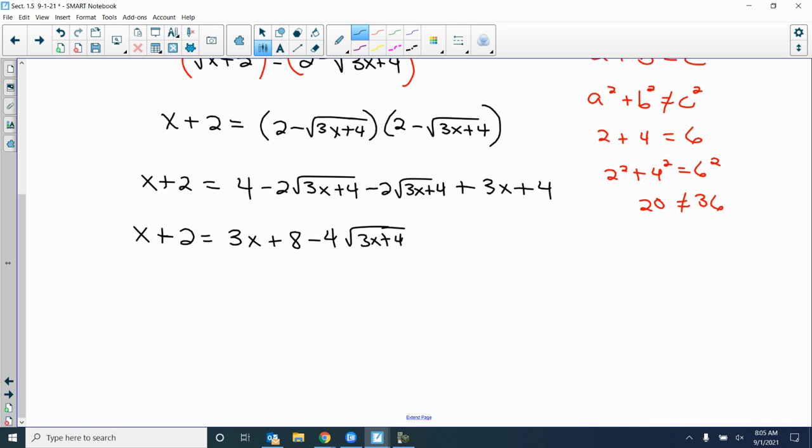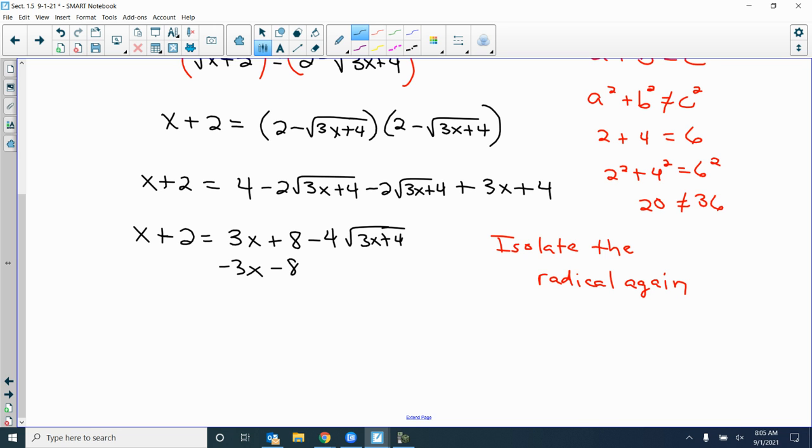We started out with two radicals, but we still have one radical. That helped us eliminate one. So we're going to have to do the same thing. We got to isolate the radical again, which means I'm going to subtract 3x.